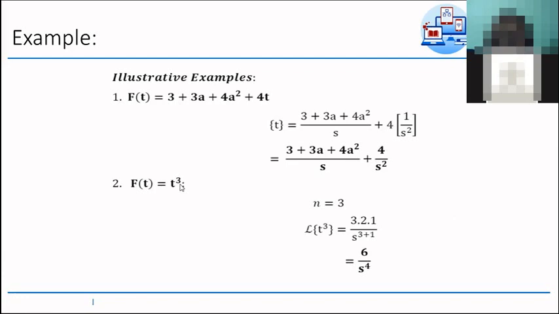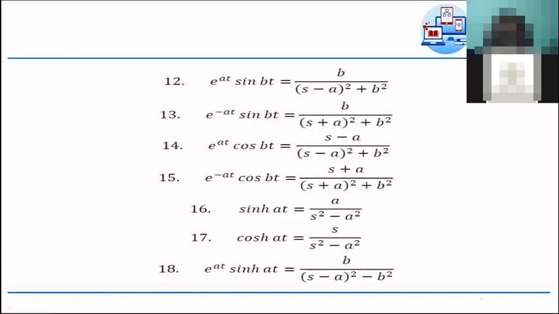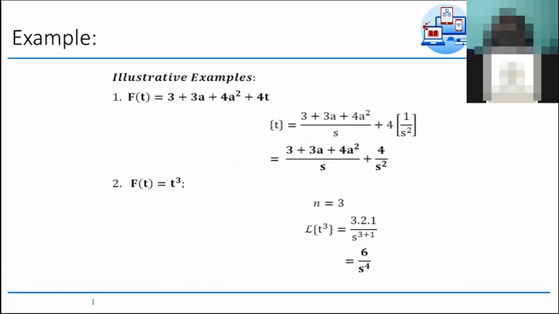Next we have the function of t is equal to t raised to 3. So we now have an exponent. If we look at our formulas, that is formula number 3: t raised to n is equal to n factorial all over s raised to n plus 1. If we apply that to problem number 2, t raised to 3 means n is equal to 3.